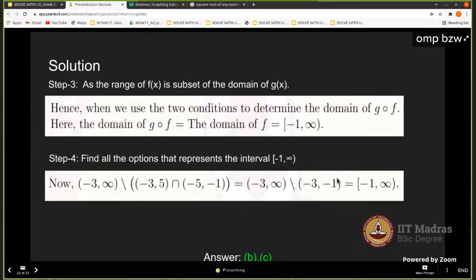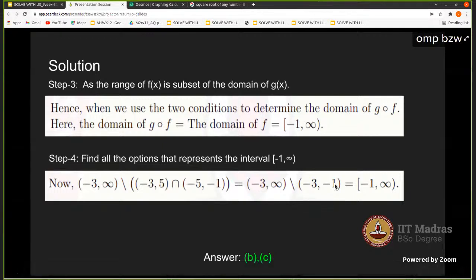We only have to remove -3 to -1, so this interval only we have to remove from this. And my closed interval -1 to infinity is valid for g of f x. Am I right, sir? Right.